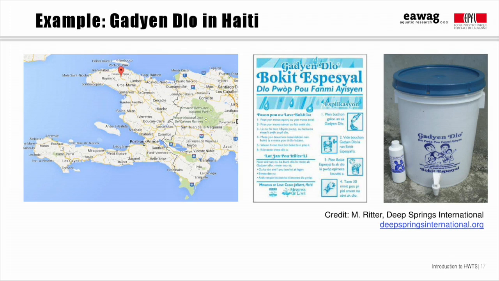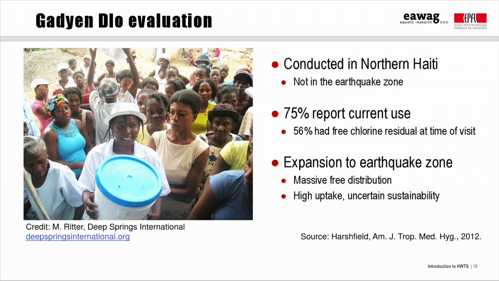By May 2010, the program had reached over 4,000 participants and had sold enough Gadyen Dlo to treat 12 million liters of drinking water. In 2010, an impact evaluation was done in northern Haiti and reported a few years later in a scientific journal.